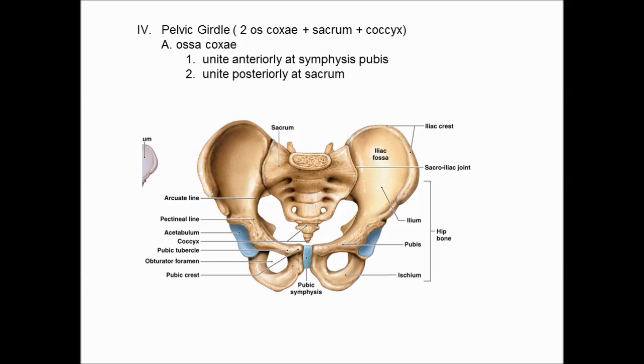And they unite posteriorly and articulate with the sacrum, at what's called the sacroiliac joint. So posteriorly, they hook onto the sacrum, and anteriorly they come together at the pubic symphysis.